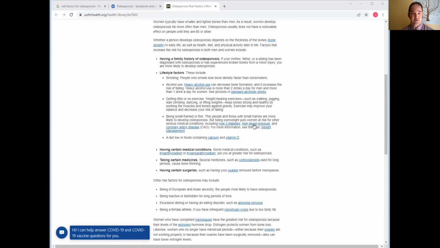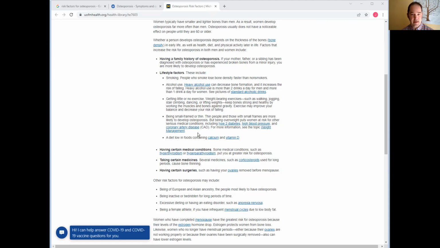So, things you can change: you can't change your genetics. You can choose whether to smoke or not. You can choose your level of alcohol use. If you have osteoporosis or are at risk of osteoporosis, you can actively take up weight-bearing exercise. You can't change much about being petite, small framed, or thin.